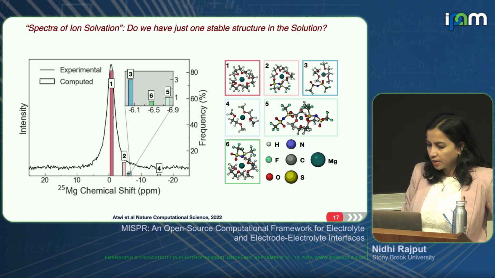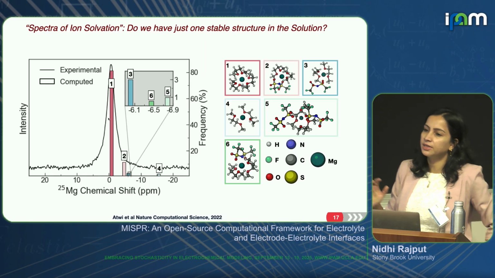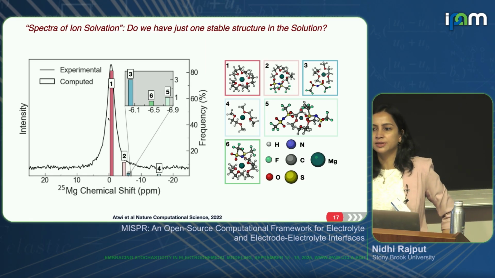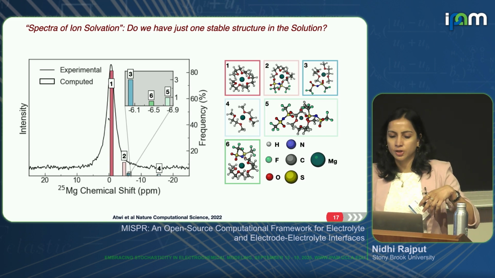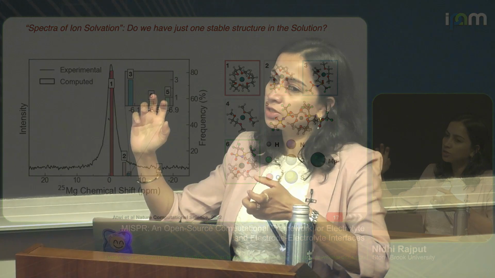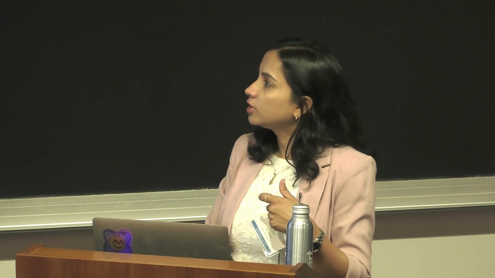The broad line half width of this NMR spectrum actually tells us that we do have multiple stable structures present in the solution, and there is a rapid exchange in the solvation environment, but it's nearly impossible to get all those structures using experiments alone or even using manual intuition and DFT calculations. So using the workflow, we identified 5 other stable structures which are present in the solution and control the transport properties of this electrolyte.